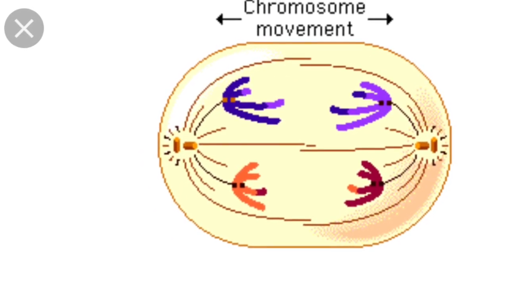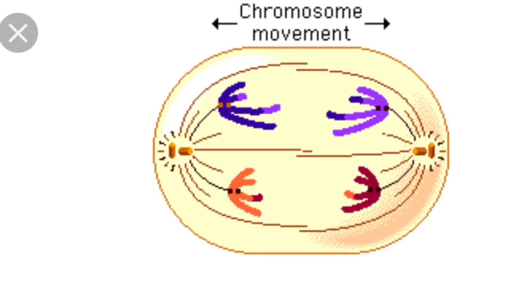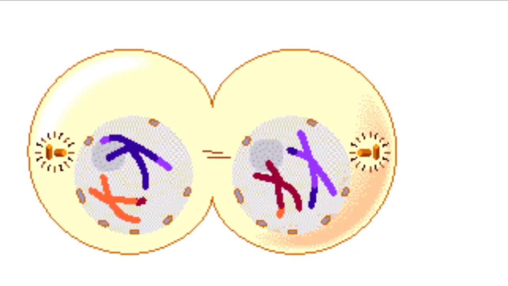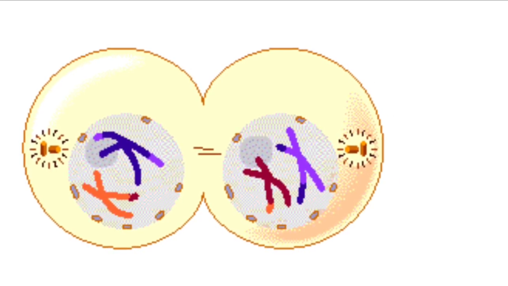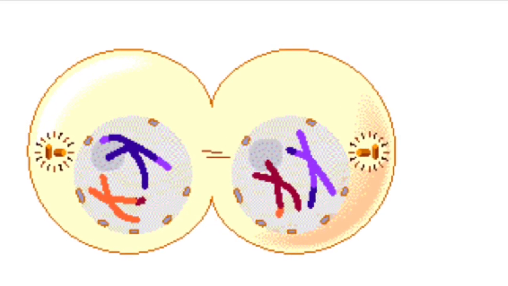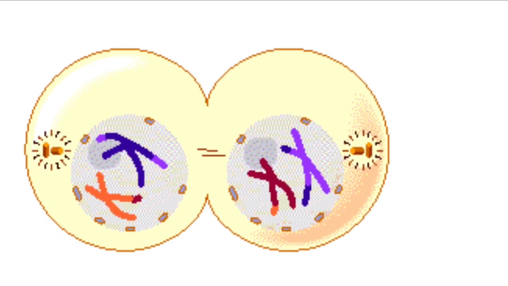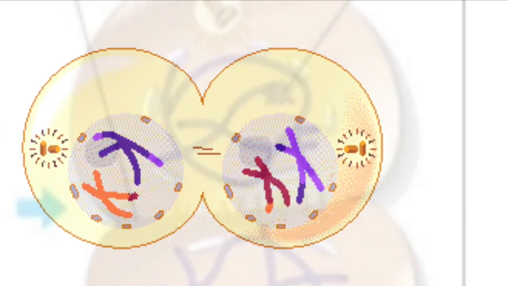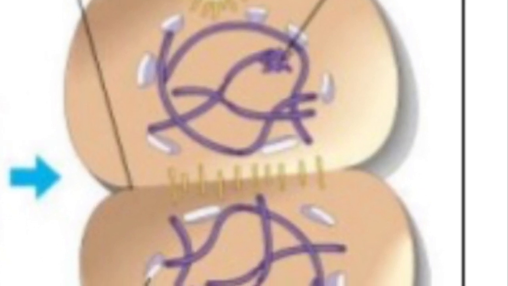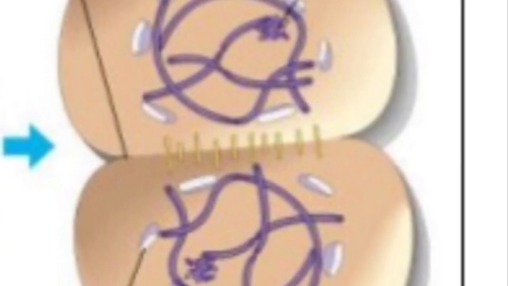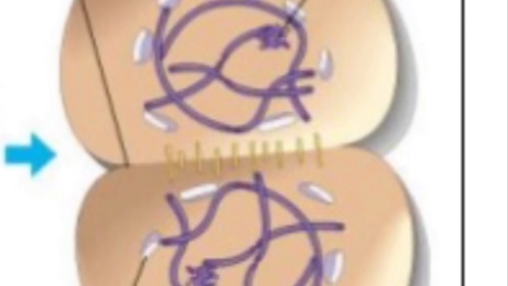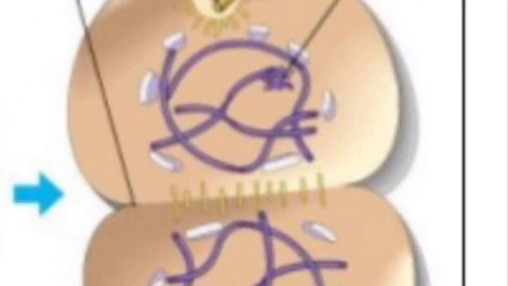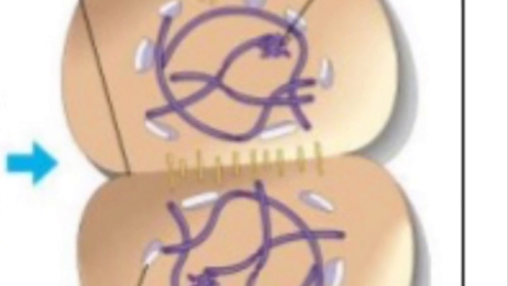Once they separate, we're able to see the cell begin to divide, and that is in telophase 1. In telophase 1, the cell begins to divide, and you begin to see something we call cleavage. Cleavage is when the cytoplasm begins to pinch or tear away from itself so that we can get two separate cells.